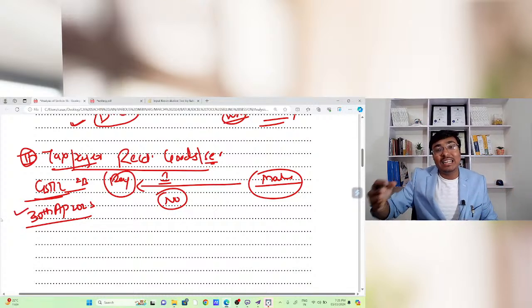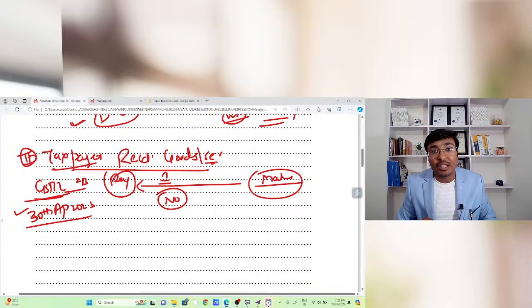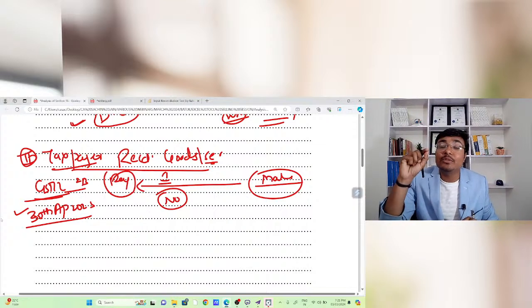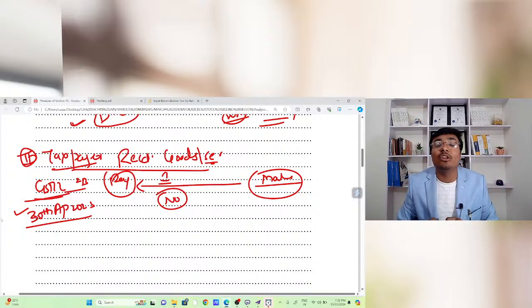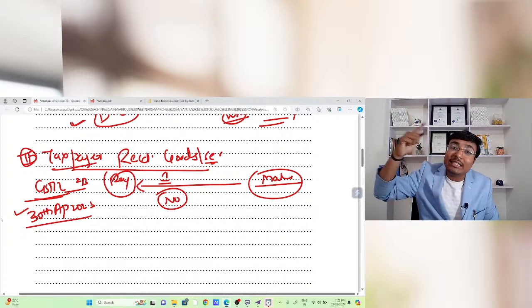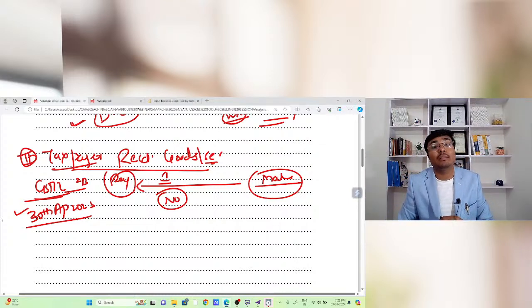That means on the last day or second last day of the month. If there is any purchase, we just need to verify that the goods have already been received or not. And if the goods have not been received, in that case that input will be claimed in the next month.